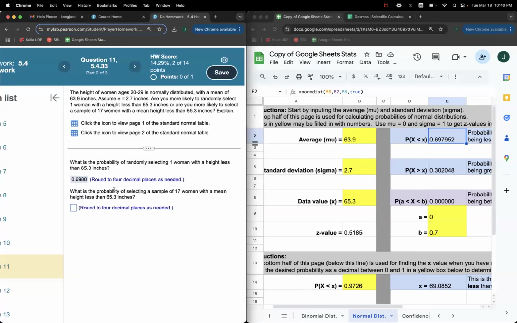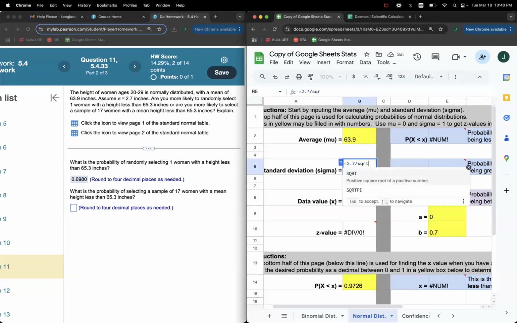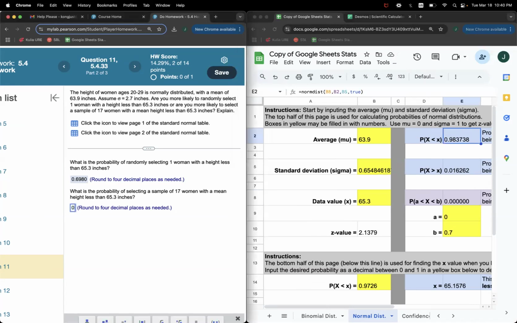Next one. What's the probability that a sample of 17 has a mean less than the same value? This time I'm going to change my sigma from 2.7 to 2.7 divided by the square root of the sample size of 17. Notice my sigma just decreased, right? And the probability just increased to 0.9837.